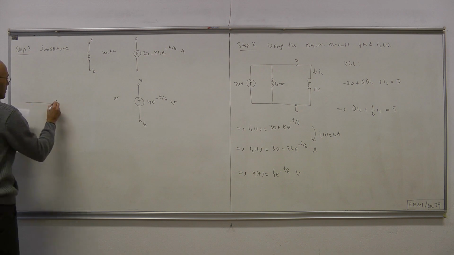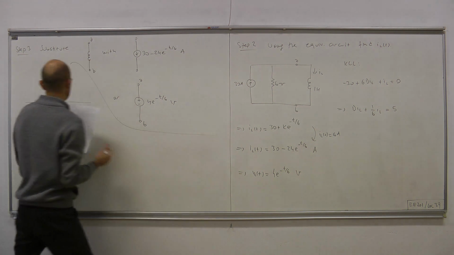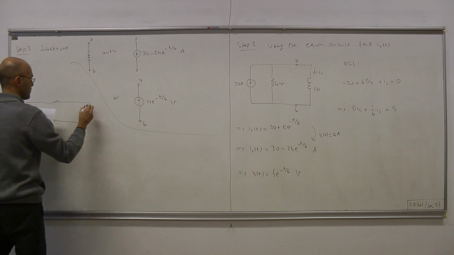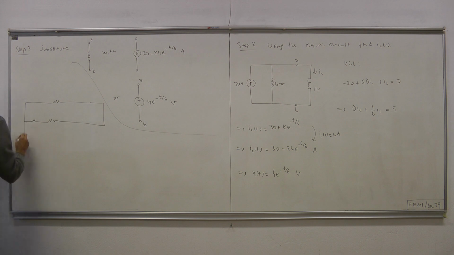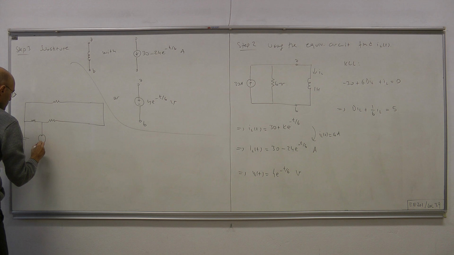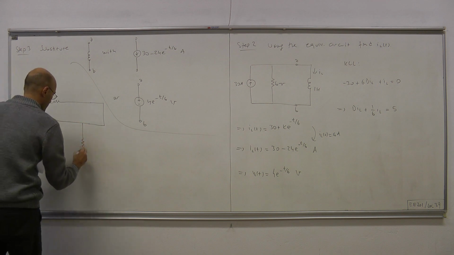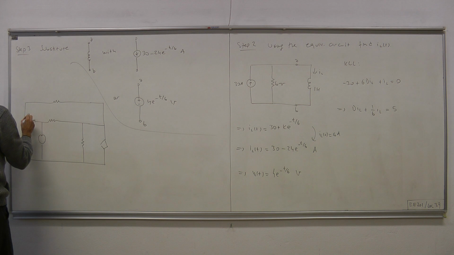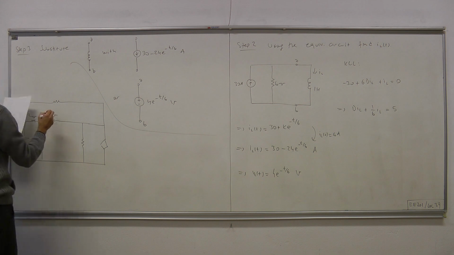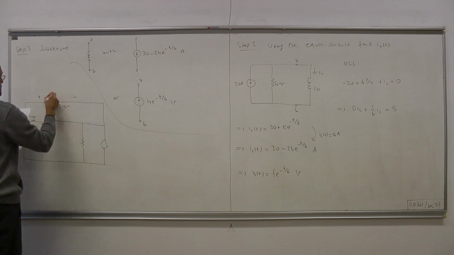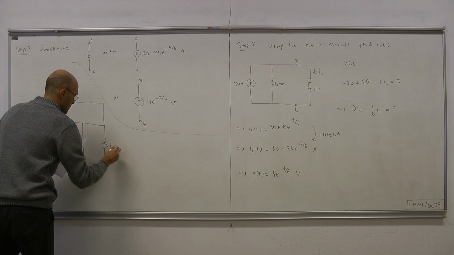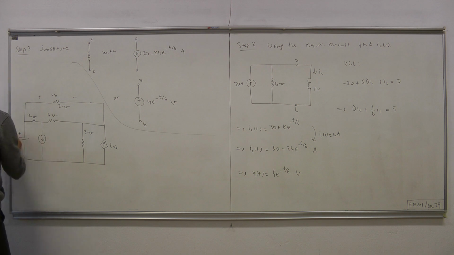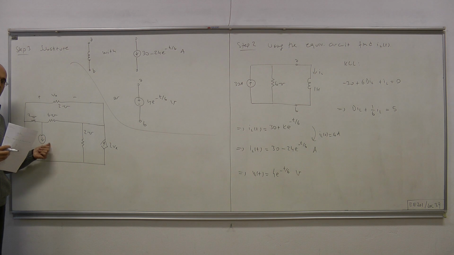Let me draw the circuit here after the substitution. 6 ohms, 2 ohms, this is Vx, 2Vx, 2 ohms, and now we have, instead of the inductor, a current source.